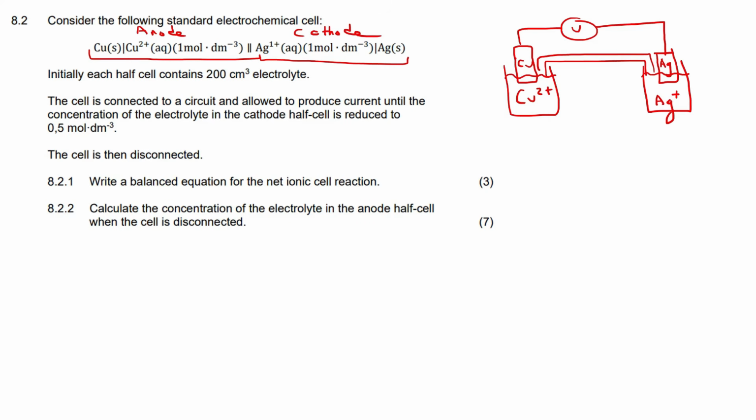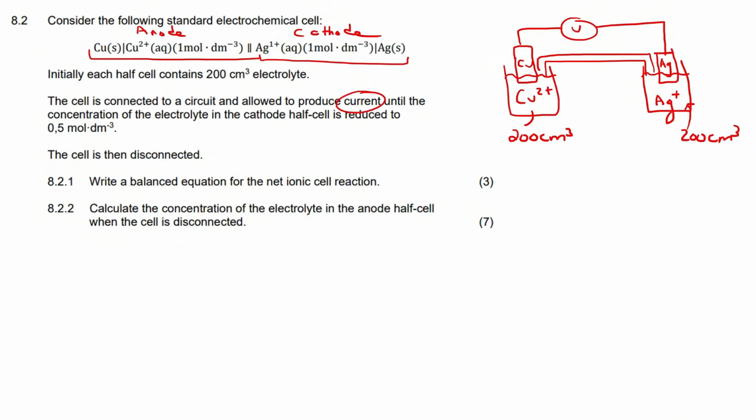They tell us that initially each half cell contains 200 centimeter cube of electrolyte. So that's just the volume of the solution. And they say that the cell is then connected to a circuit and allowed to produce a current. So we know that electrons flow through the wire, and that produces a current.